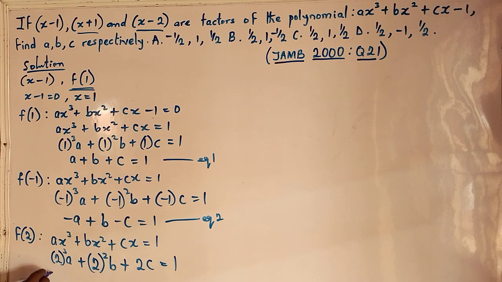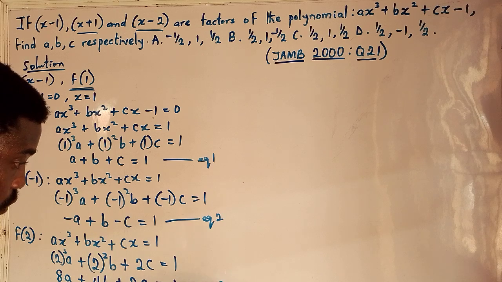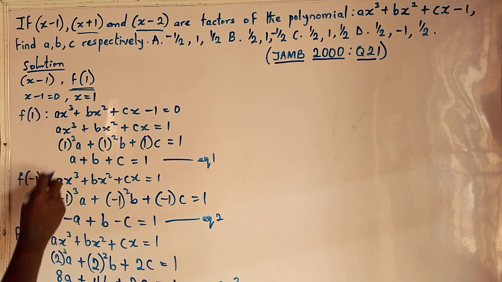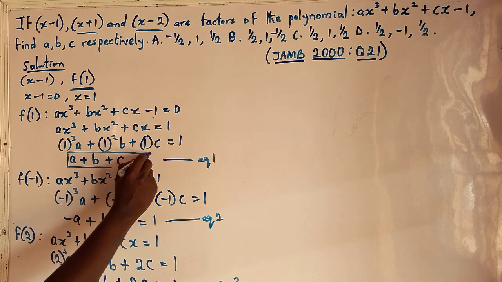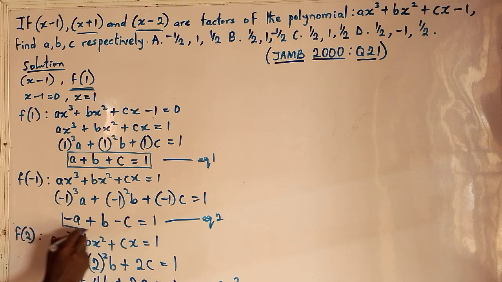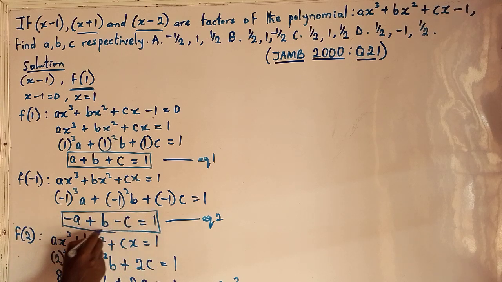So we have 8a plus 4b plus 2c equals 1. This will be our equation 3. So equation 1 is this, equation 2 is this, and equation 3 is this.